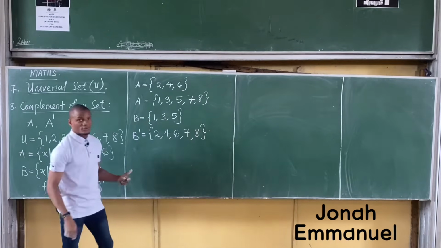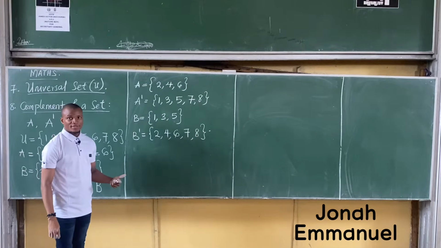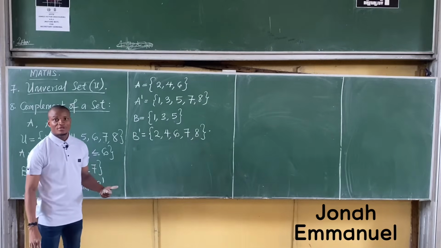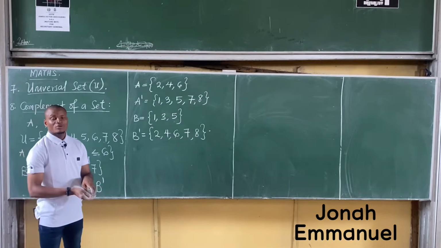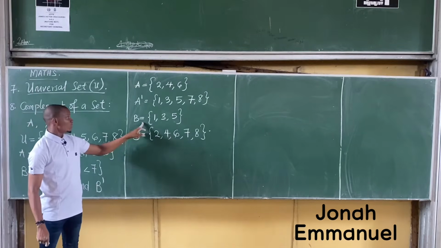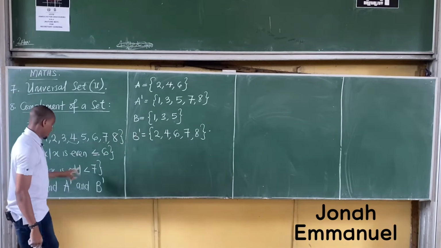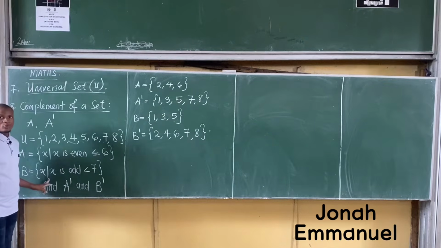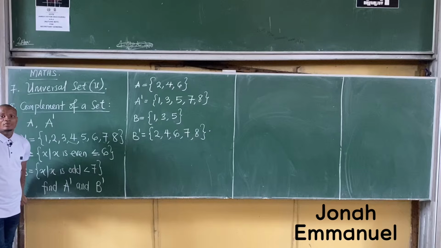Are we good, please? Any confusion? What's confusing? Which of them here? This one? What's B here? What are odd numbers? What are the odd numbers you know?